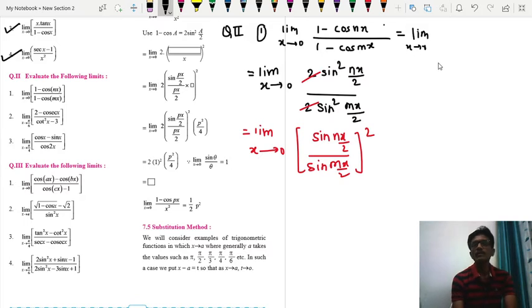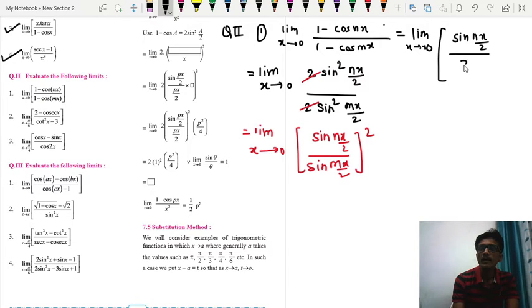So what we can write now, this is equal to limit x tends to 0, (sine nx by 2 divided by x, multiplied by x upon sine mx by 2) whole square.